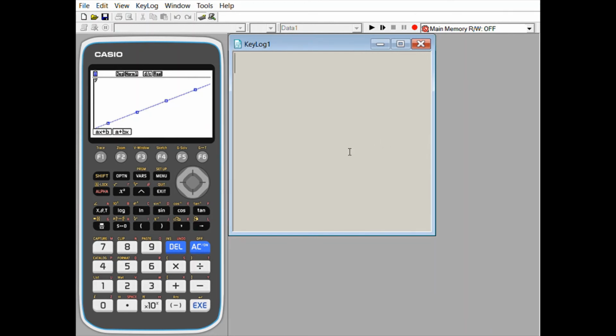With our graph drawn, we can now use our calculator to find the temperatures at different times. So in question F, it asks us to estimate the temperature of the water 4.5 minutes after the experiment started. So to do that, we press Shift, G solve, and the only option is Y calc.